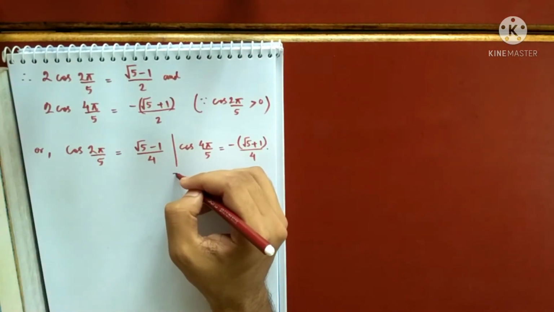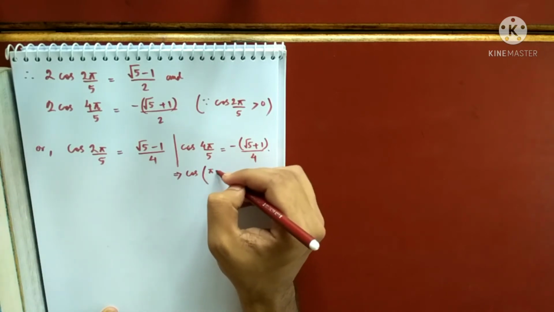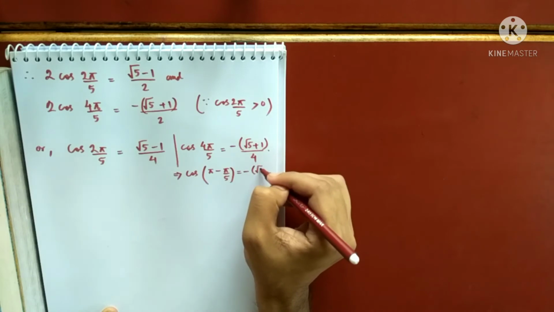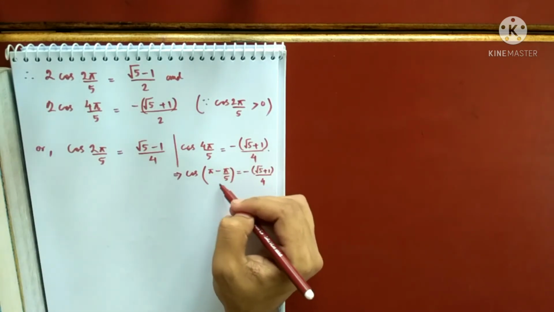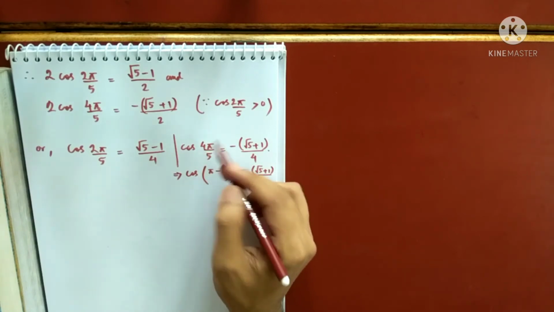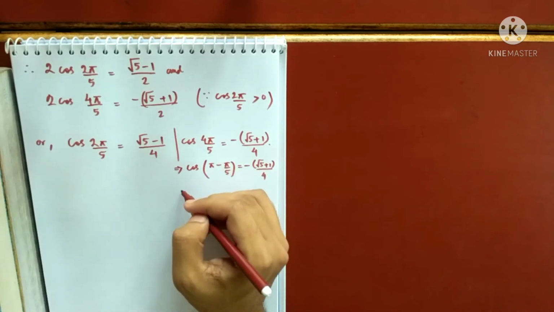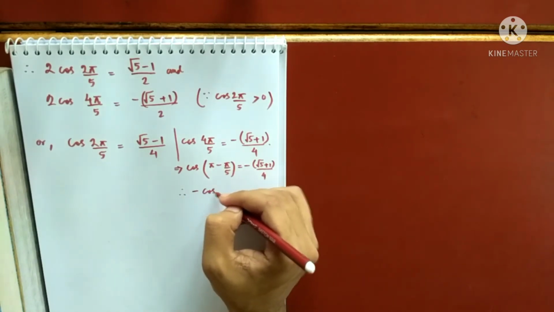You see how? You try to write down this as cos of pi minus pi by 5. No problem, because pi minus pi by 5 is 4 pi by 5. So I am rewriting 4 pi by 5 like this. And what is cos of pi minus theta? Cos of pi minus theta is minus cos theta.